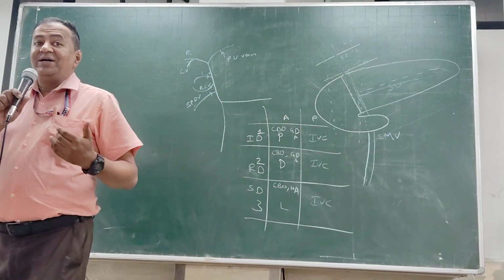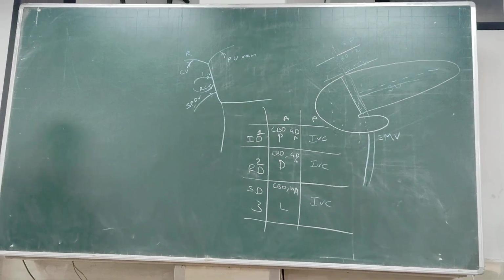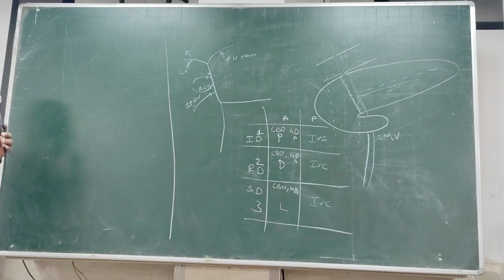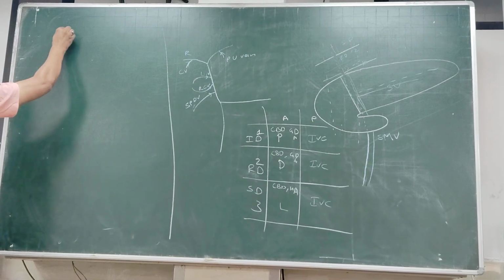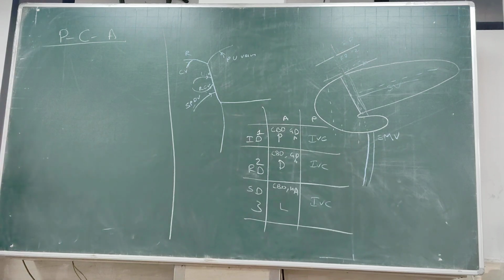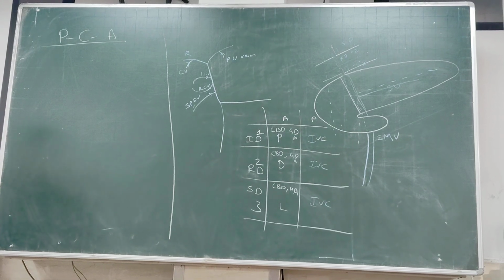Here comes the main part. Sachin sir, any guess what is the main part in the portal vein question? Yes, portocaval anastomosis.